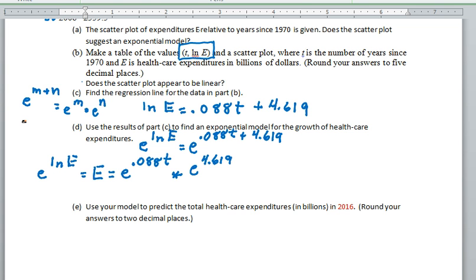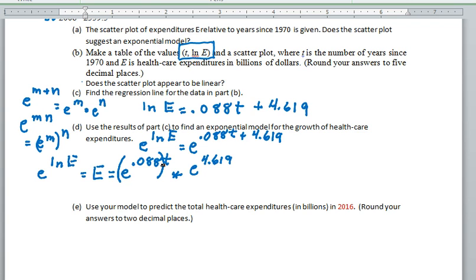We also have the rule that e to the m times n is equal to e to the m all to the n power. And so I'm going to insert parentheses around the e to the 0.088 and raise that to the t power.